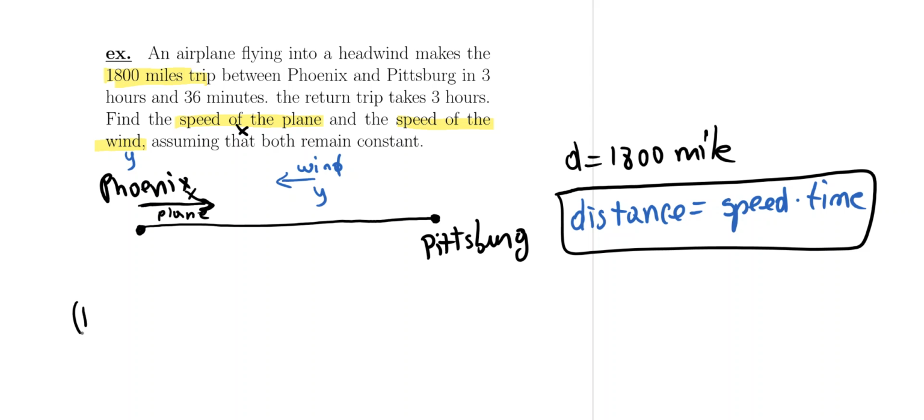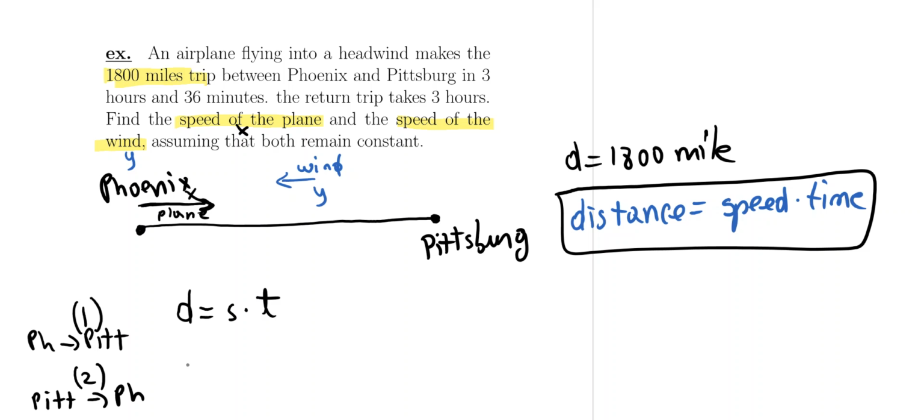The first equation is going to be from Phoenix to Pittsburgh, so we're going to write that the distance equals the speed times time. And then the second equation is going to be from Pittsburgh to Phoenix. And again, the distance is going to be the rate times time.